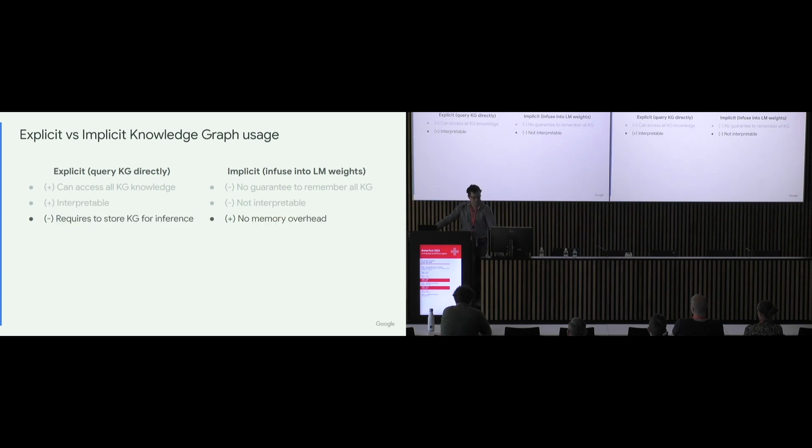On the other hand, the explicit retrieval requires different architectures and is harder to productionize. It requires storing the knowledge graph for inference and requires different neural architectures that allow the model, for example, to do two passes, to do first the retrieval stage and then a second stage.